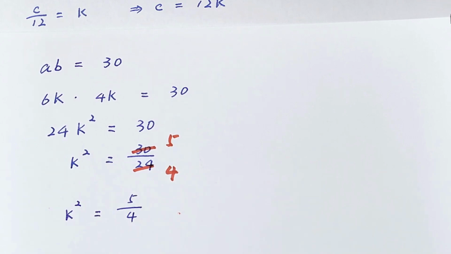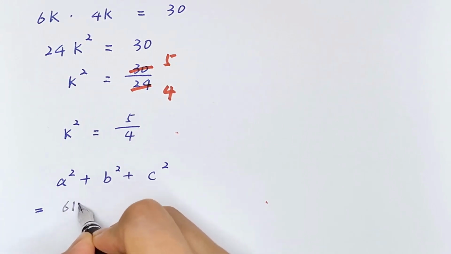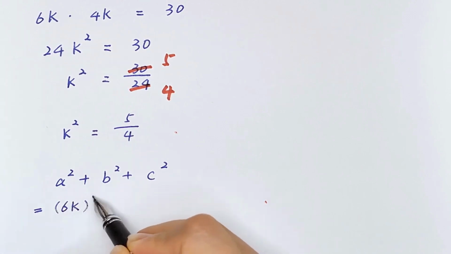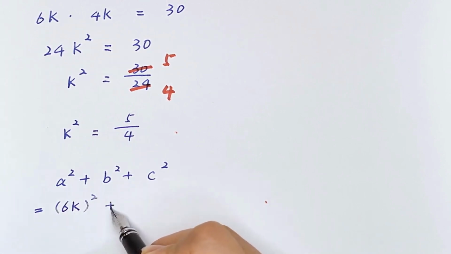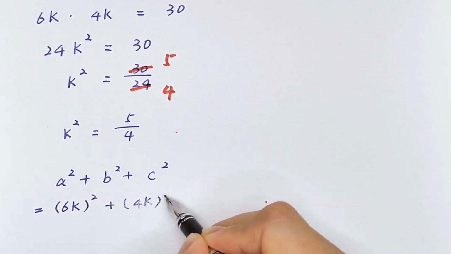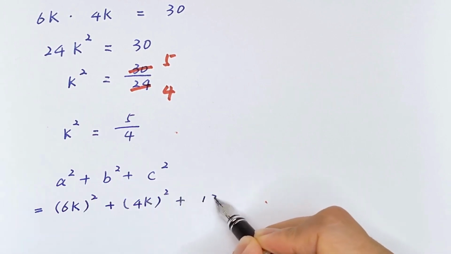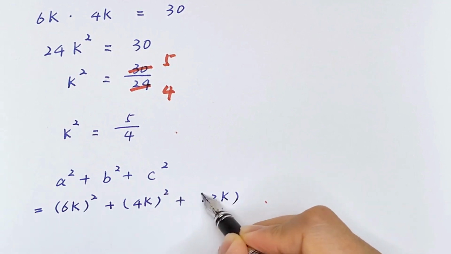Now the final step is step 3. To find the value of A squared plus B squared plus C squared, we know the value for A is 6K bracket squared plus B is 4K bracket squared plus C is 12K bracket squared.